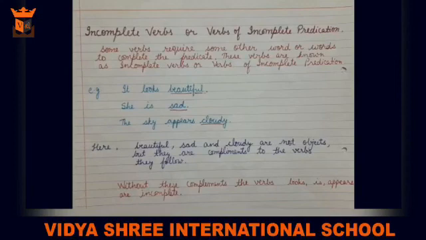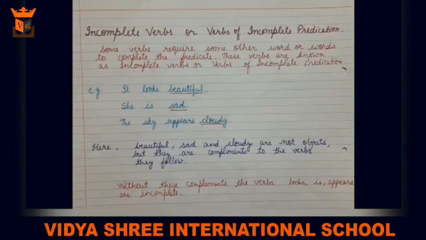It looks beautiful. She is sad. The sky appears cloudy. What are the verbs here? Looks, is, and appears.